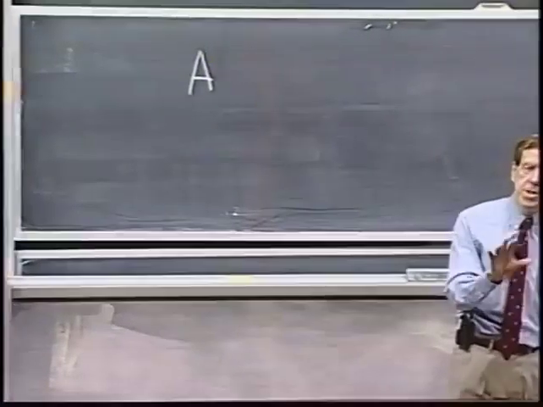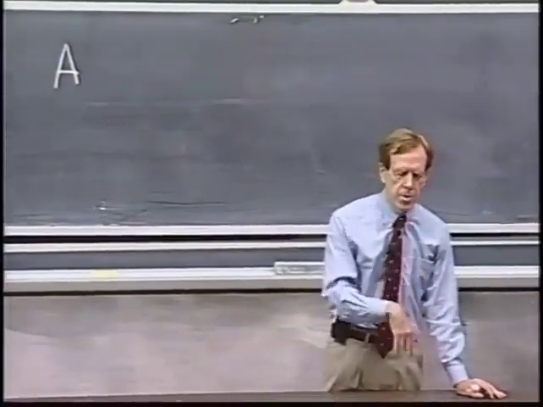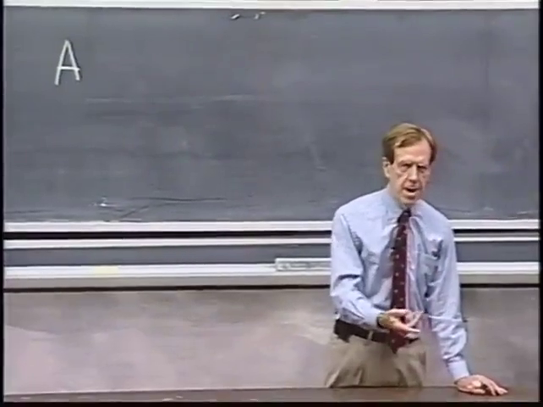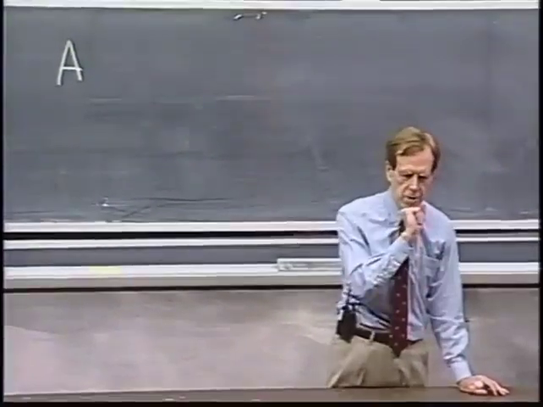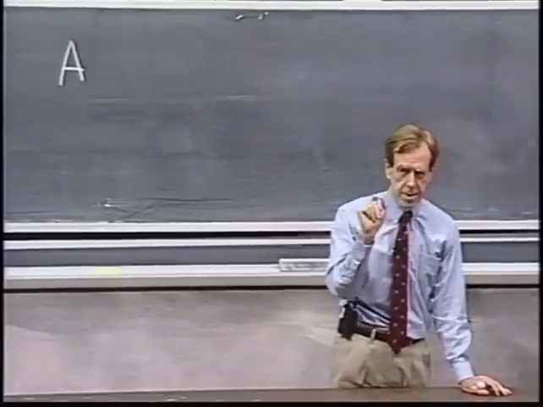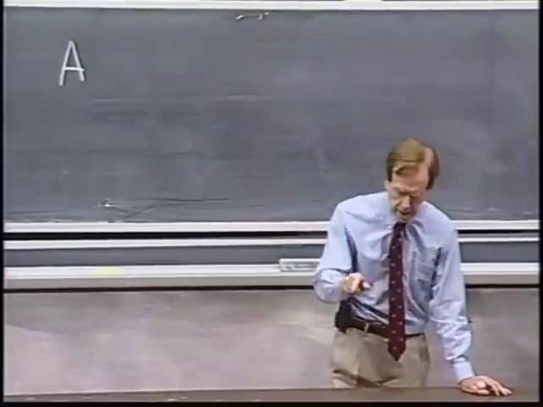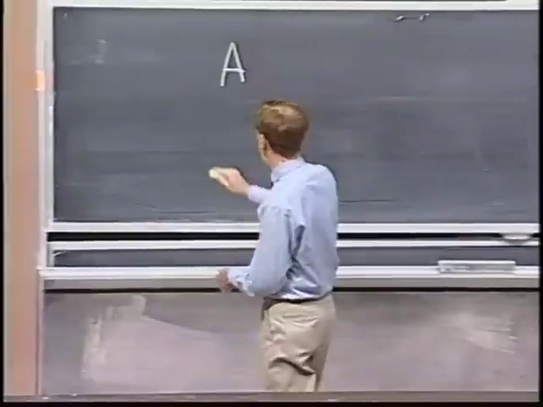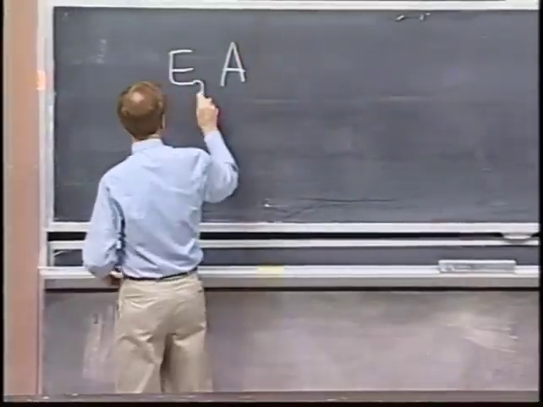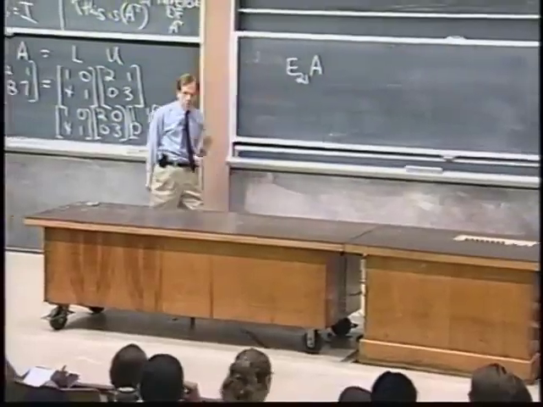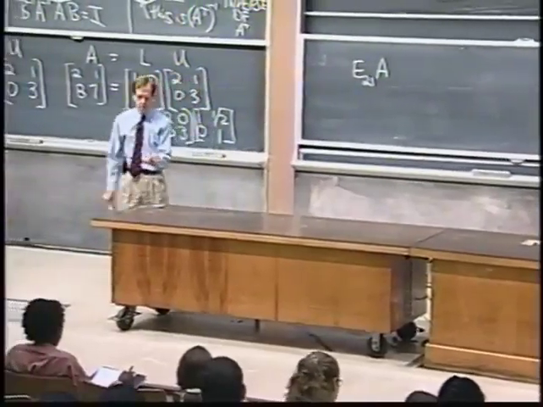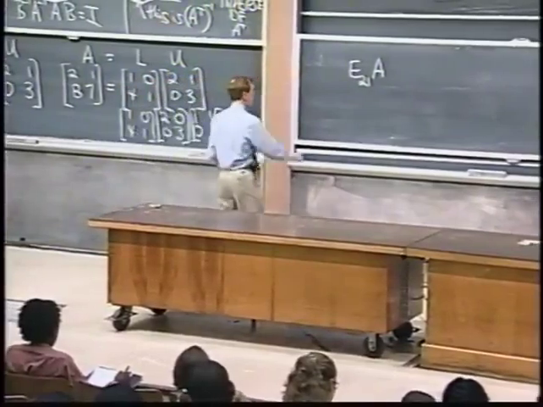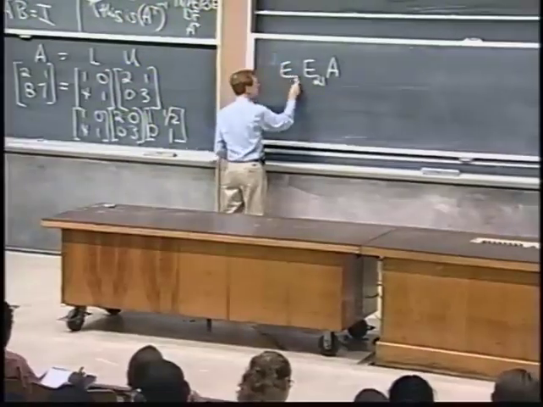So what's the first elimination step that I do? The first matrix I multiply it by? What letter will I use for that? It'll be E21, because the first step will be to get a 0 in that 2,1 position. And then the next step will be to get a 0 in the 3,1 position.